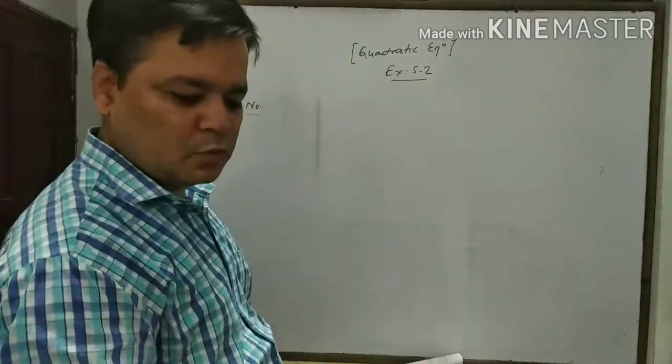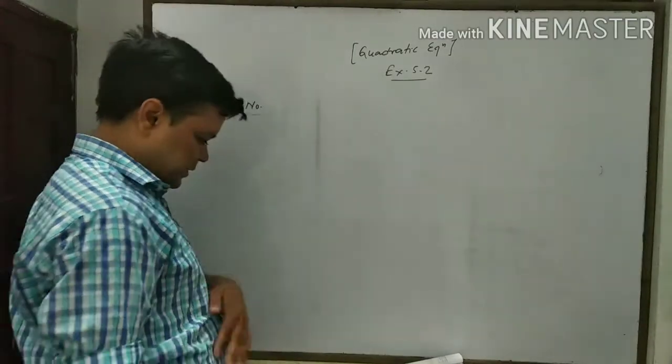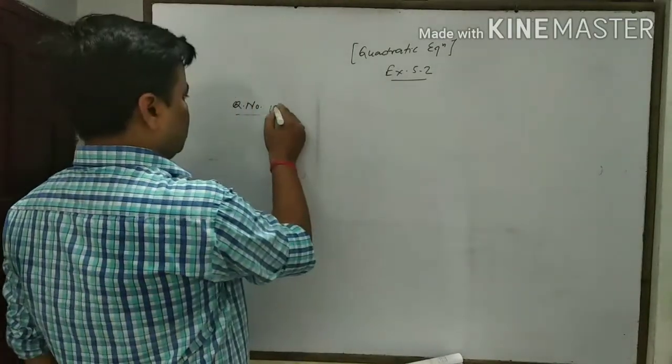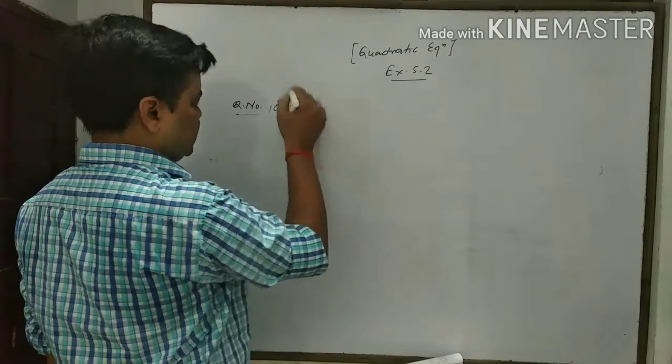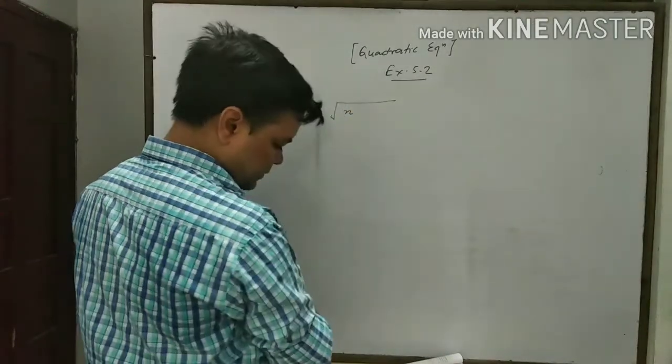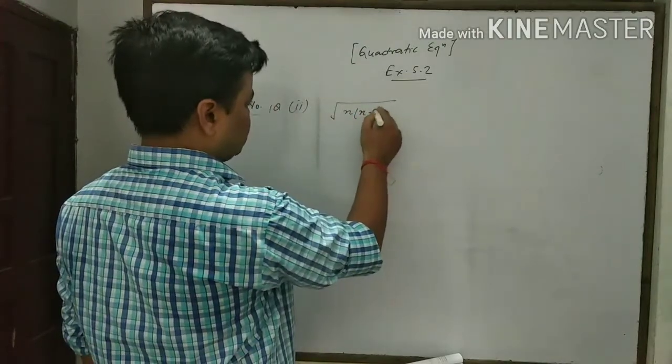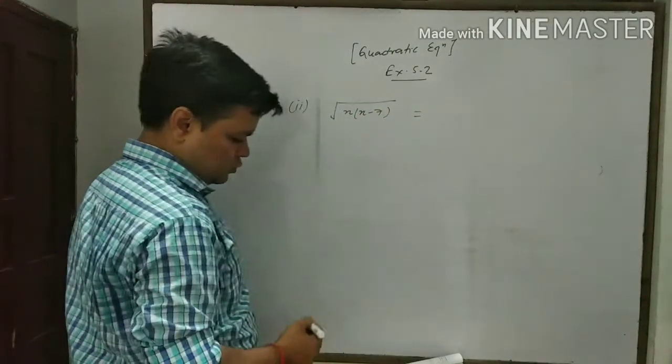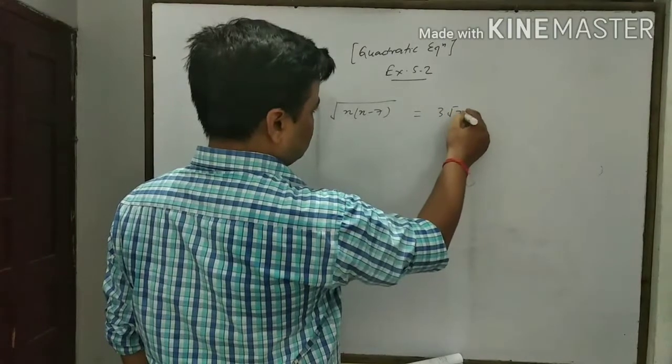Let us see question number 18 second. 18 second is: under root x into x minus 7 is equal to 3 root 2.